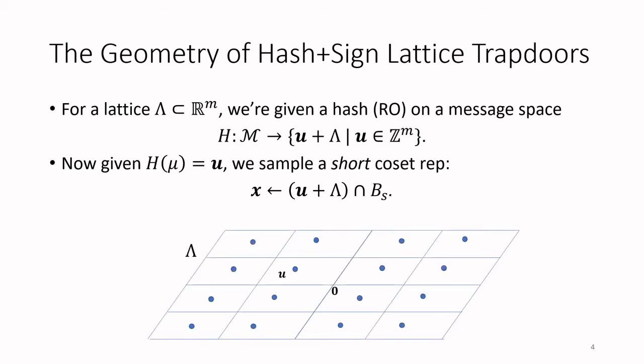So if we would draw the picture, say this coset u has infinitely many coset representatives, but we're going to want to use some trapdoor information to sample a short coset representative, kind of in this fuzzy ball here of radius r.